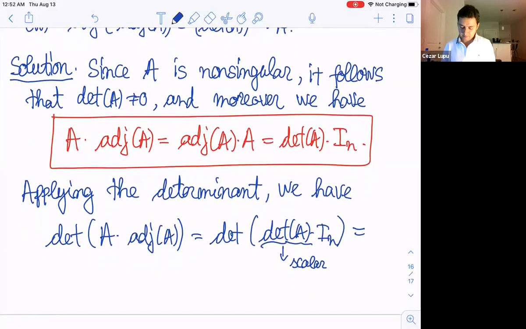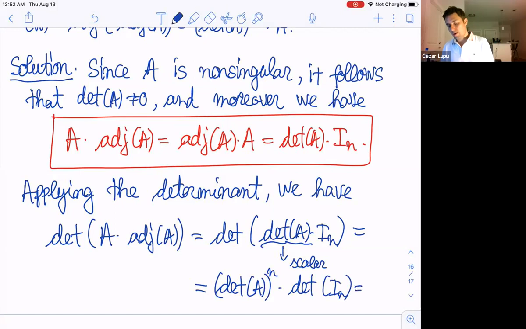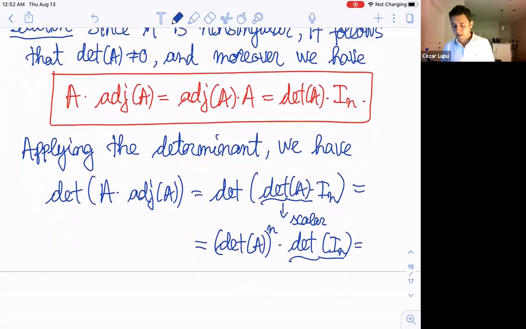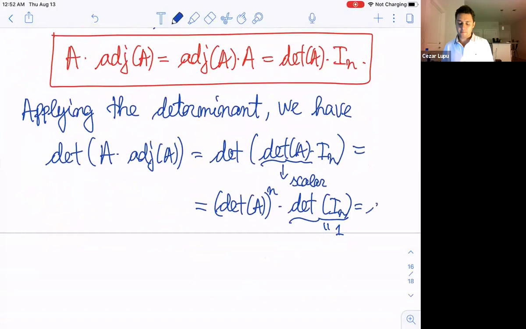This will be the determinant of A to the power n times the determinant of the identity. But we know that the determinant of the identity is just 1. So this will be the determinant of A, everything to the power n.